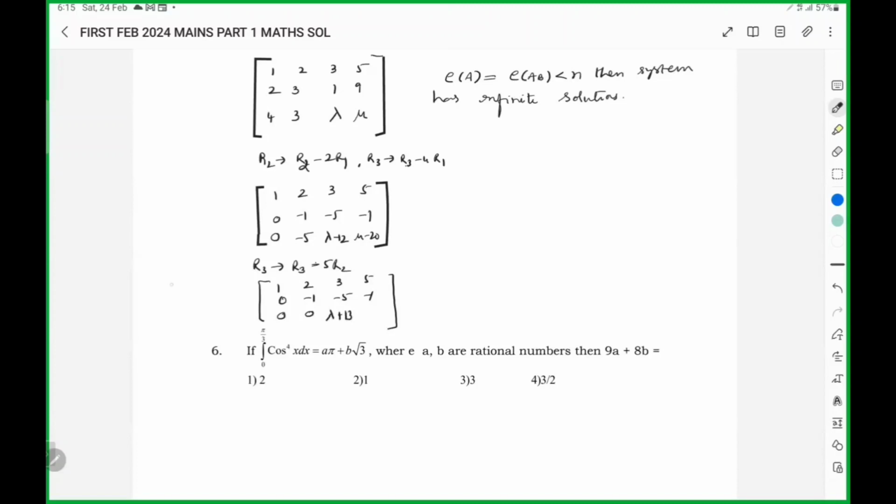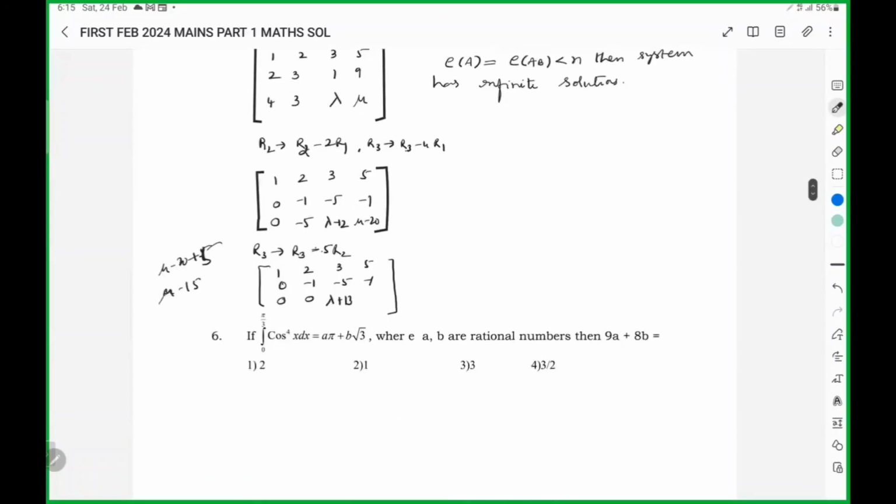Here it is mu minus 20 plus 5, sorry, minus 5 into minus 1, so mu minus 15.